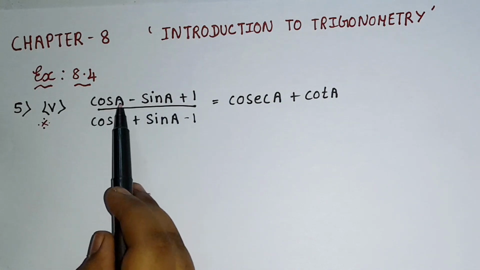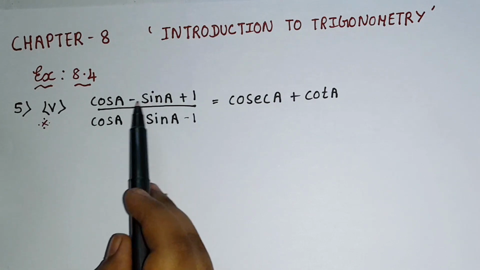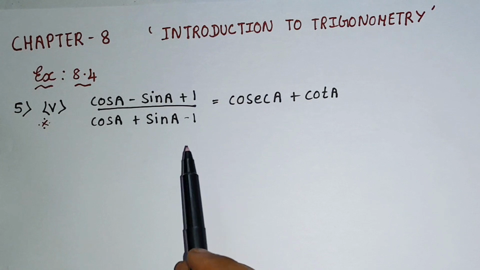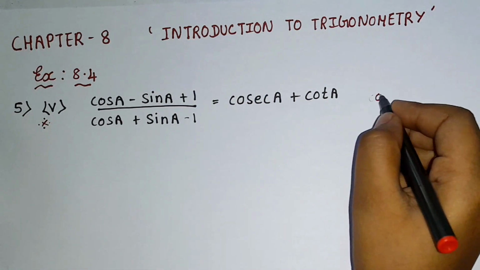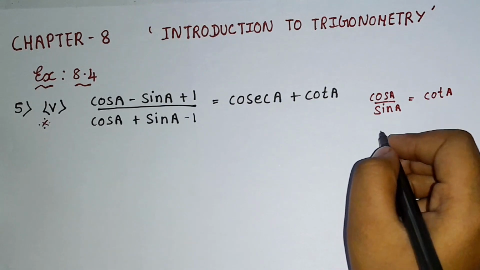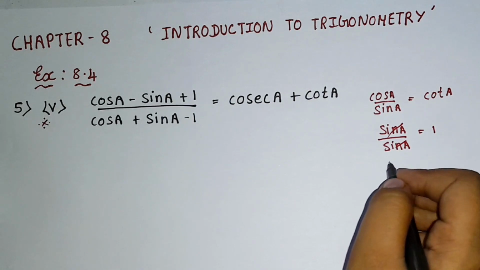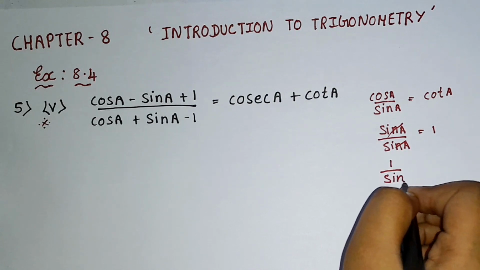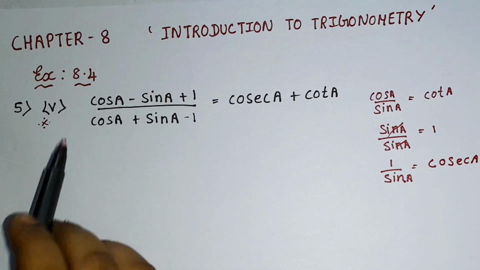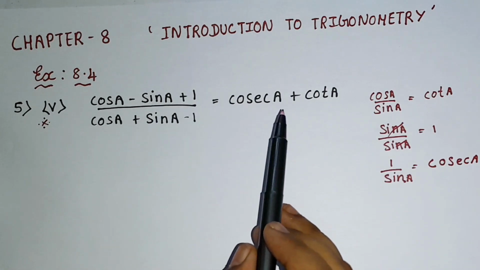If I write cos A divided by sin A, I'll get cot A. And sin A divided by sin A, I'll get 1, cancel, cancel. And 1 divided by sin A, I'll get cosecant A. So why did I tell these things? Because if I divide all the terms by sin A, I'll get cosecant A, cot A and 1, which is similar to the right hand side.